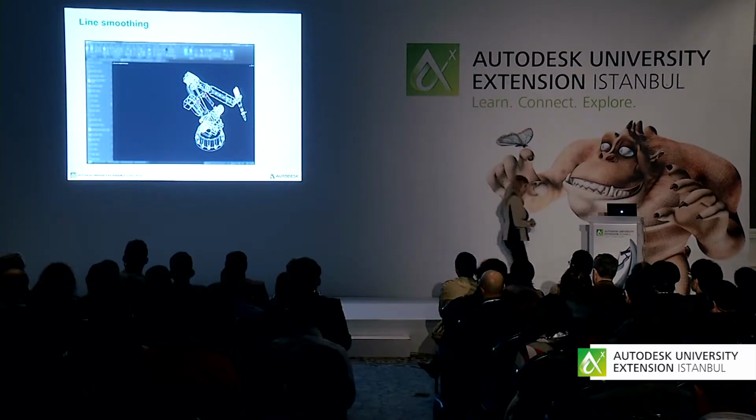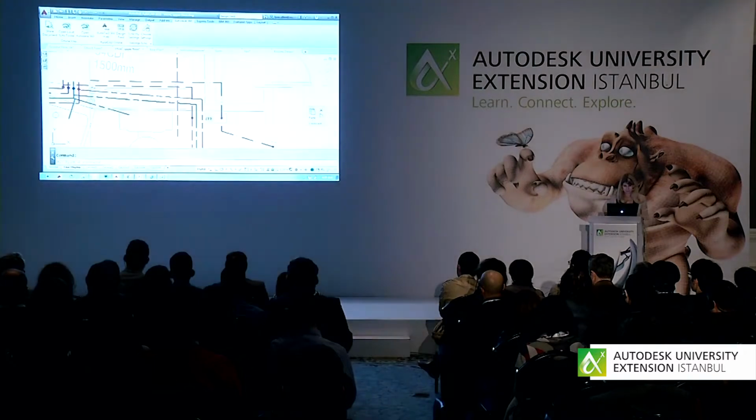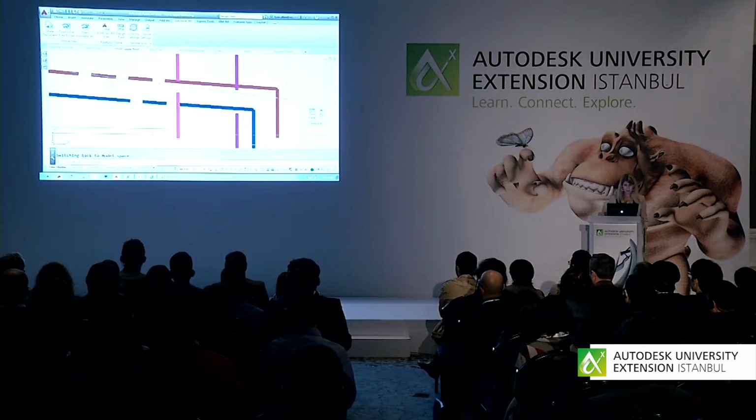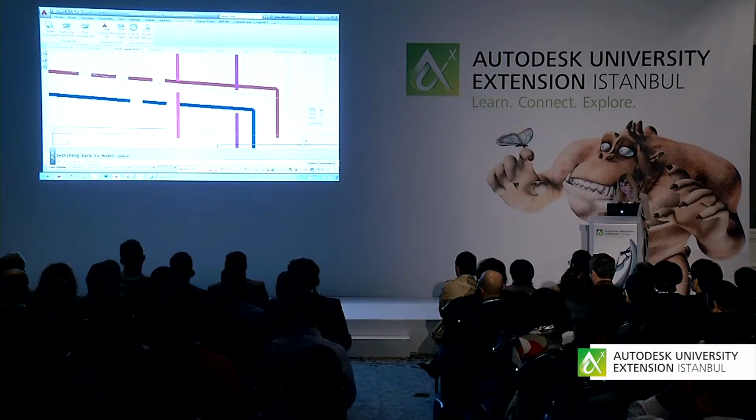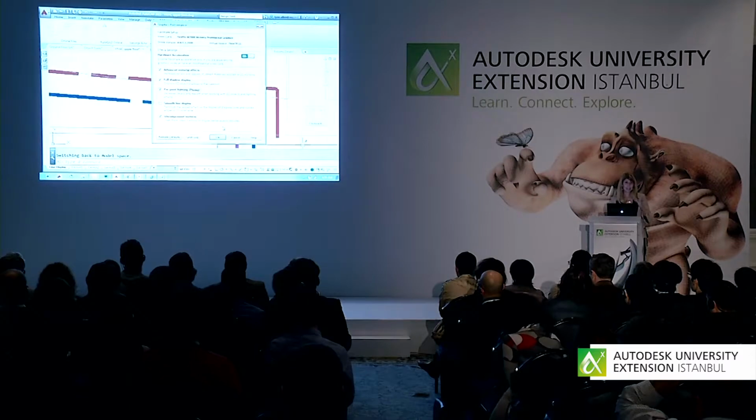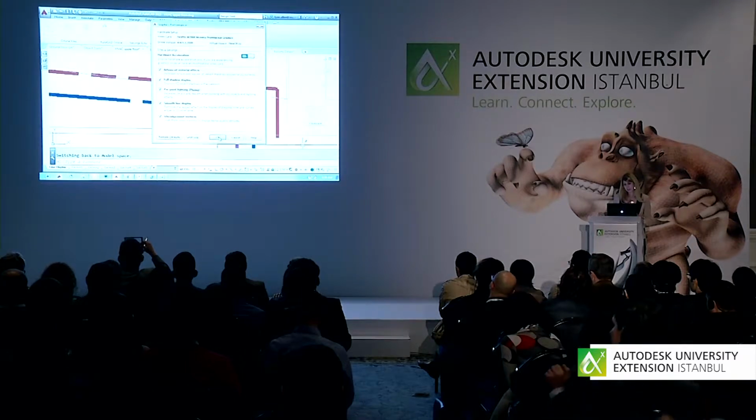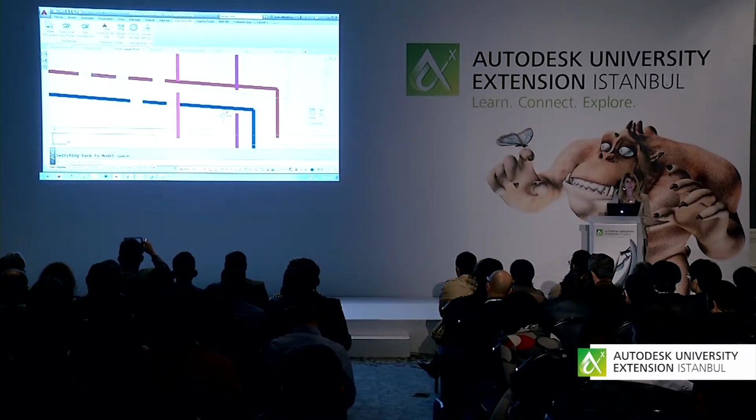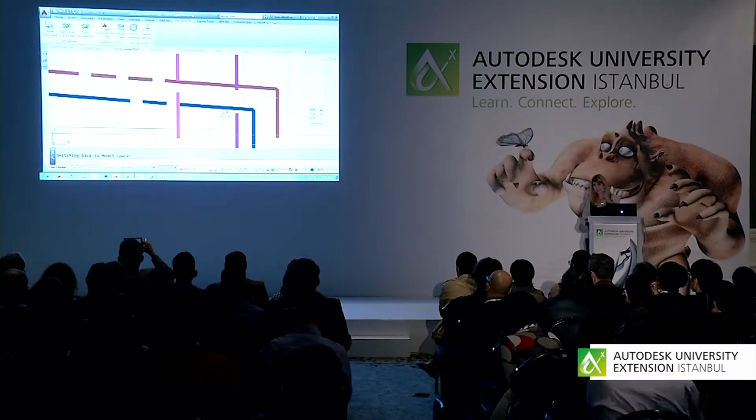I'll show you what I'm talking about. And you see right there? Like, we're used to that. It shouldn't be like that. So in AutoCAD 2015, they added in an option, and incidentally, this is on by default, so you can make sure all of your lines are nice and smooth. And that's the default. So you don't have to ever remember to turn it on.